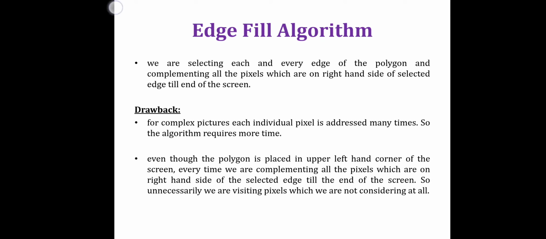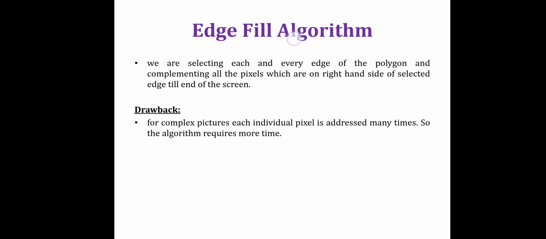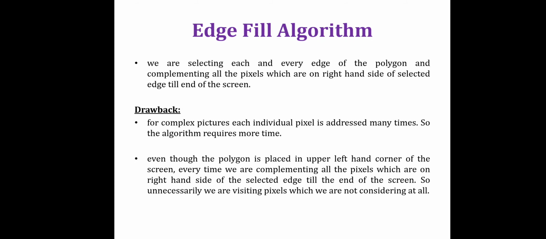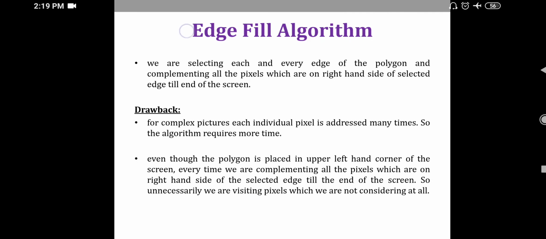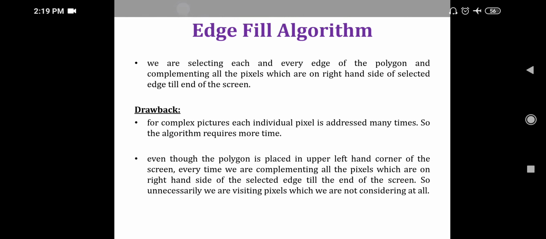Suppose here is my polygon at the left hand corner of the screen, but still I am complementing the pixels on the right hand side. So these pixels are never going to be selected.